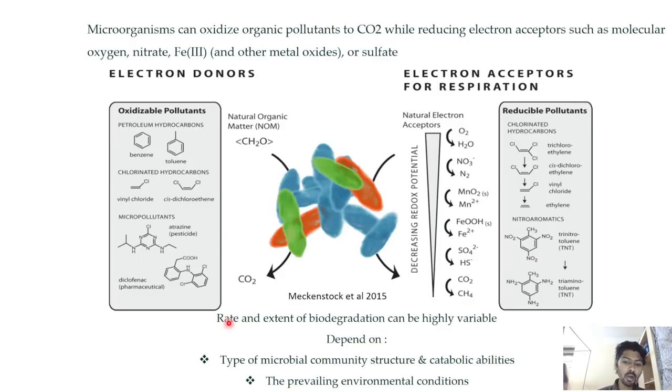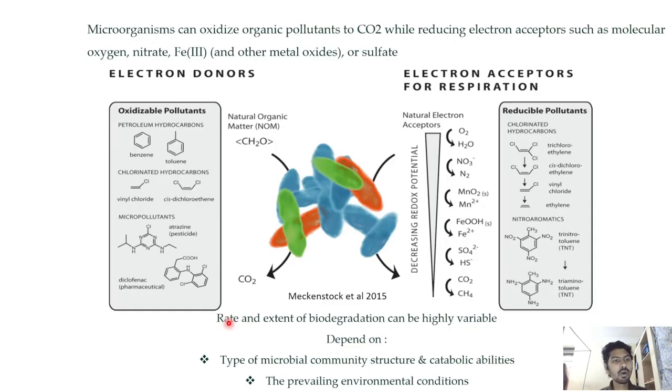So the important factor in determining the rate and extent of degradation is, first, the type of microbial community that is present in the environment. What kind of microorganism is present in a particular environment determines the rate and extent of degradation. And next is the environmental condition, whether it has the optimum temperature, optimum pH, and whether oxygen availability is sufficient or not.